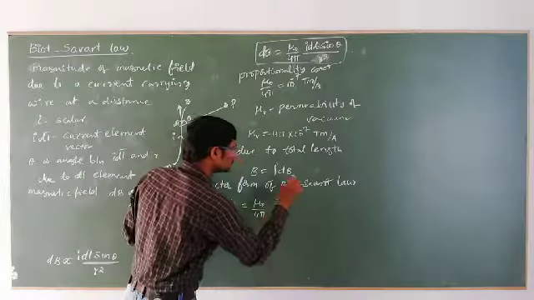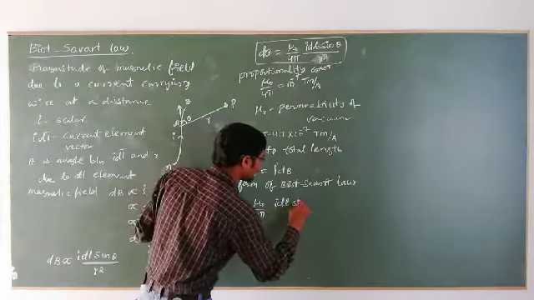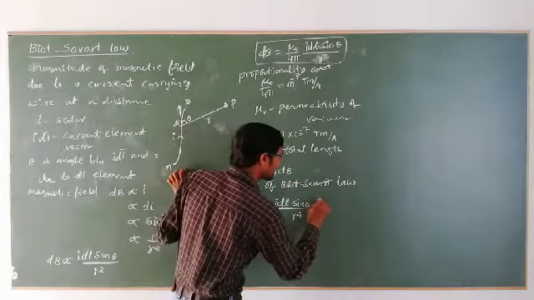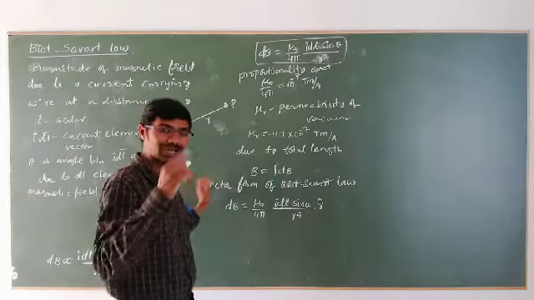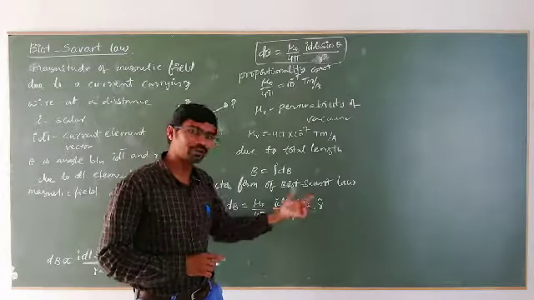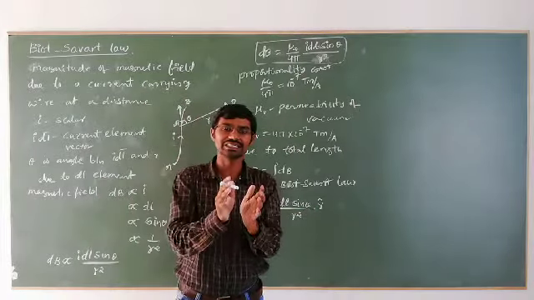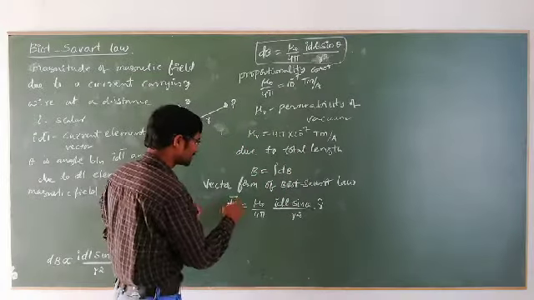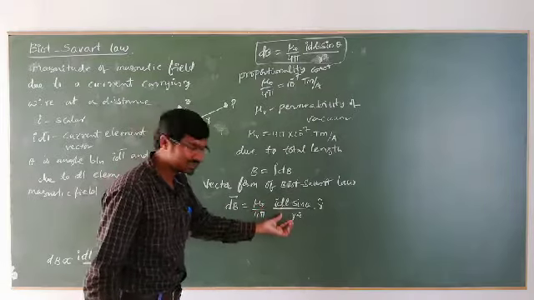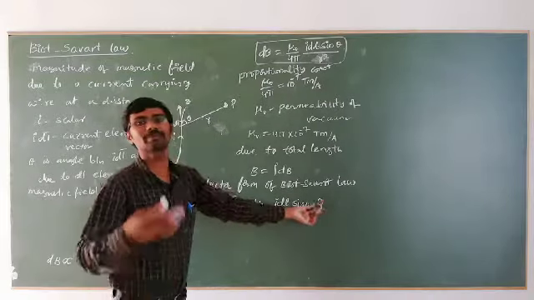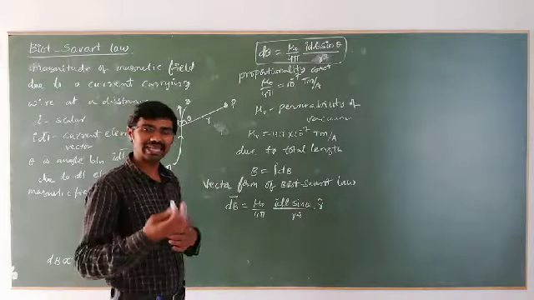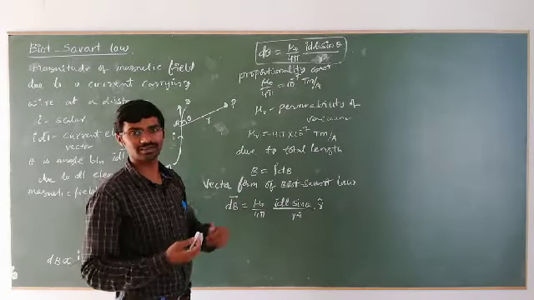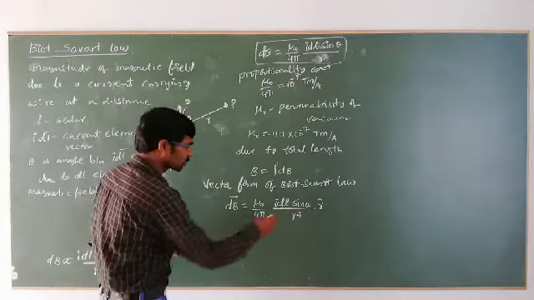I dl sin theta by r square into r cap. R cap, very important. If you multiply any value with its unit vector, it becomes a vector. Now it will be dB bar. A scalar which is multiplied with a unit vector becomes a vector. So that is what r cap.